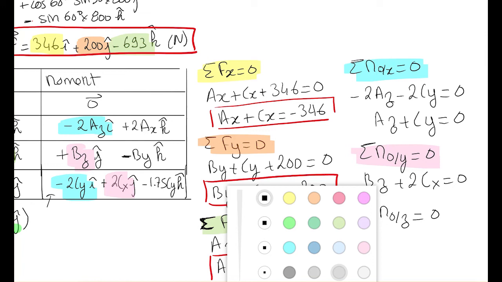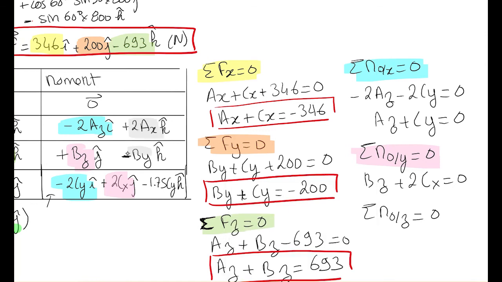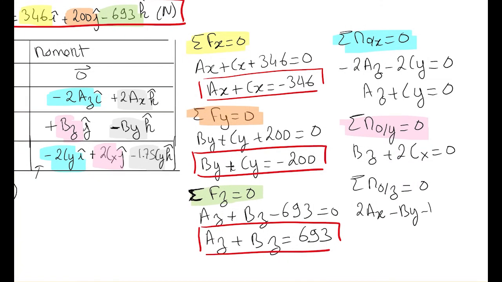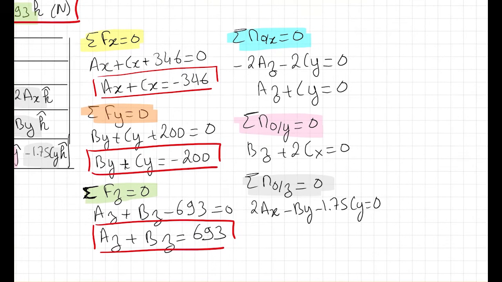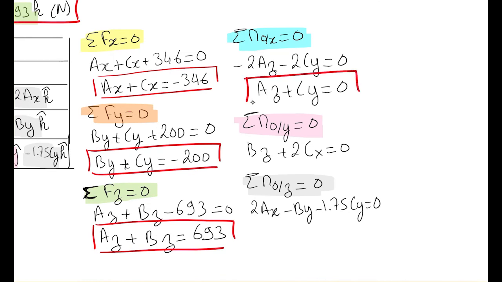So that gives us 2AX minus BY minus 1.75 CY is equal to 0. And let's square all those equations.